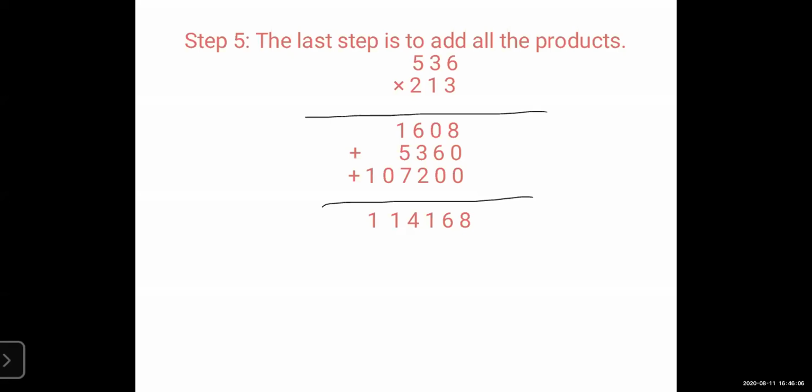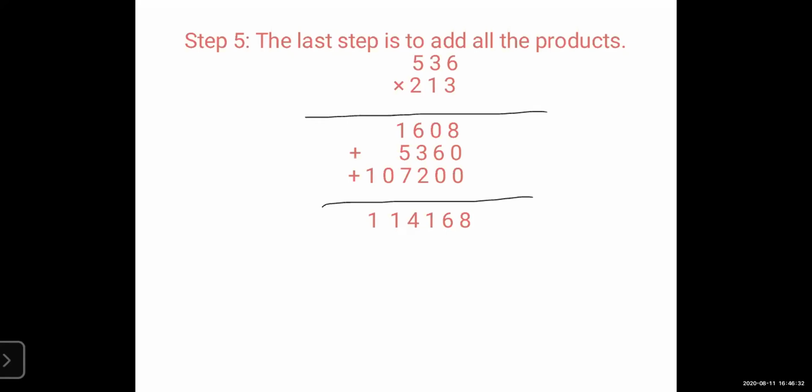And 7 plus 7, that is 14. 14's 4, 1 goes to carry. 1 plus 0, 1. And 1 plus 0, 1. So finally, you will get the answer, that is 1,14,168. Okay, 1,14,168 is your answer. Have you understood?